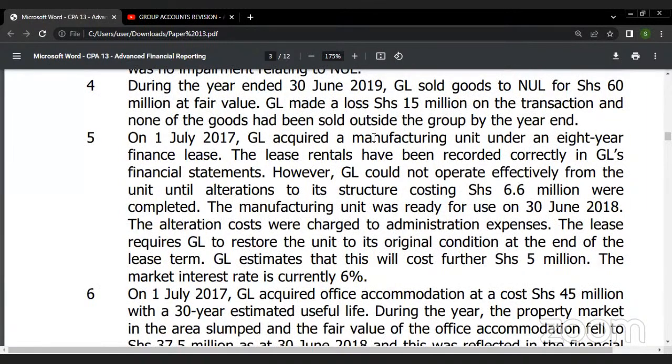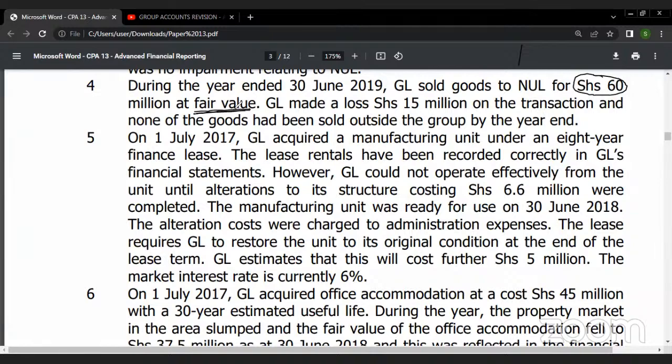Note 4. During the year ended 30th June 2019, GL, which is the parent company, sold goods to NUL, that is the subsidiary, for shillings 60 million at fair value. Note this, at fair value.